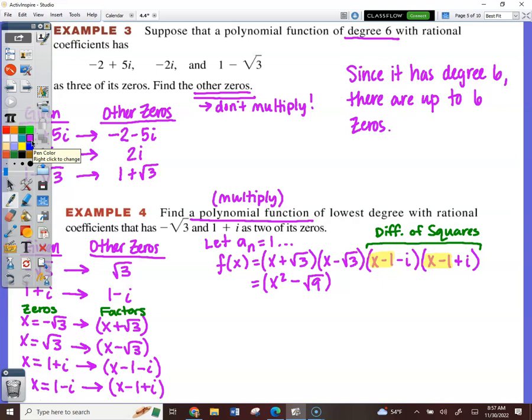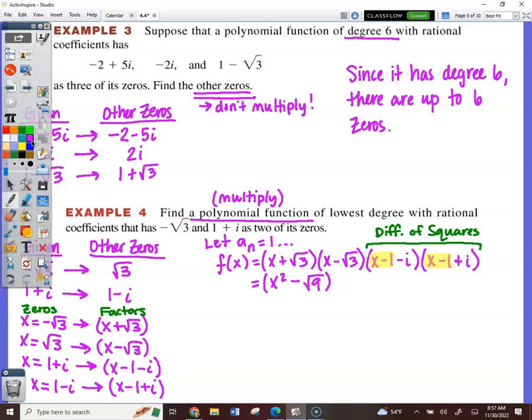Now, if you don't see that, then just multiply x through the whole thing, multiply -1 through the whole thing, multiply -i through the whole thing. There is nothing wrong with doing that. You will still come to the right answer, okay?